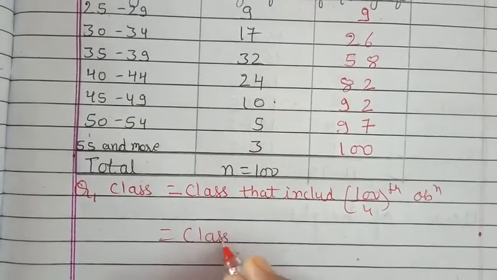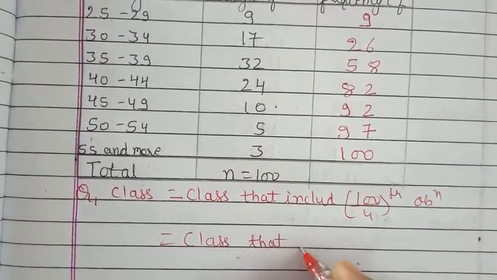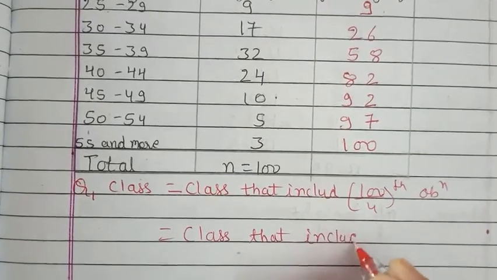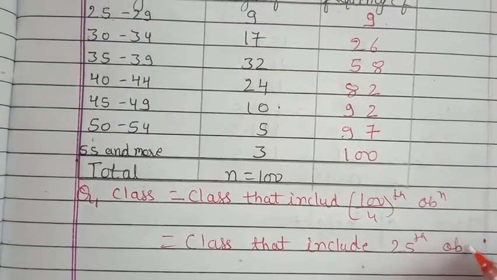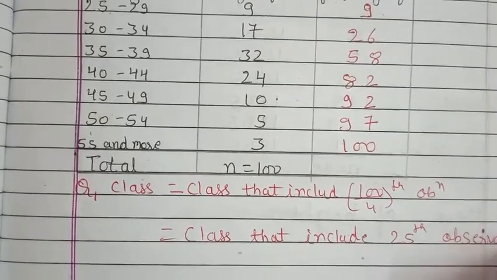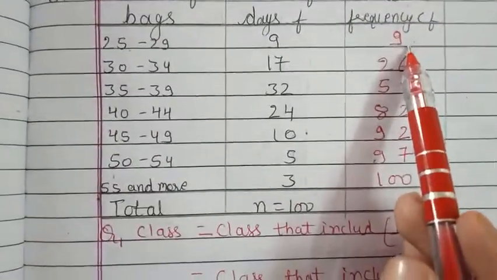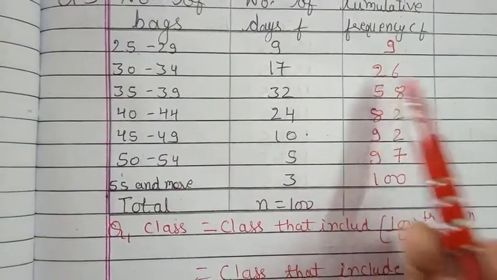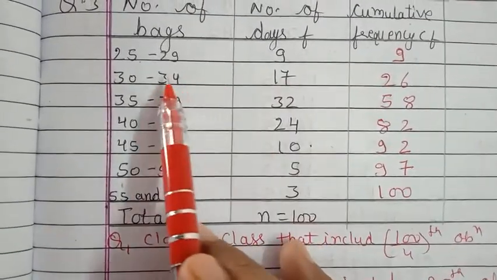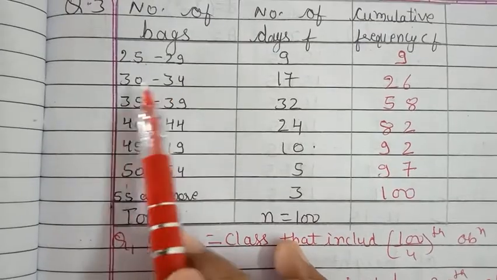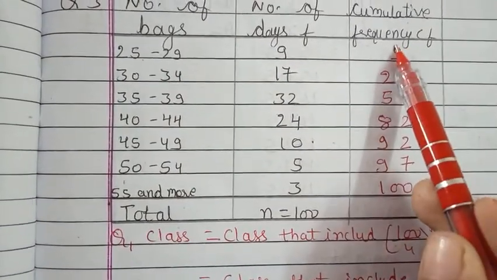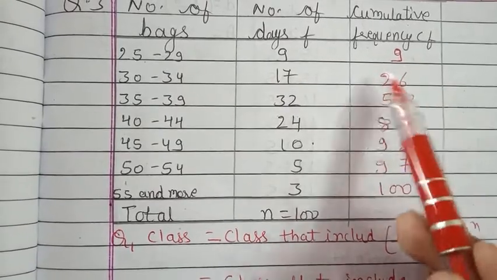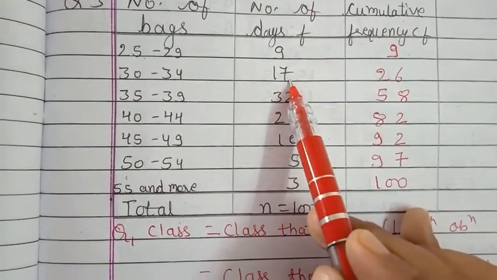So the class that includes the 25th observation. Now from the CF column we will see where the 25th comes, in the second line. So our class is 30 to 34 and L, the lower boundary point, is 30. CF of the previous class is 9, and the same class frequency F is 17.